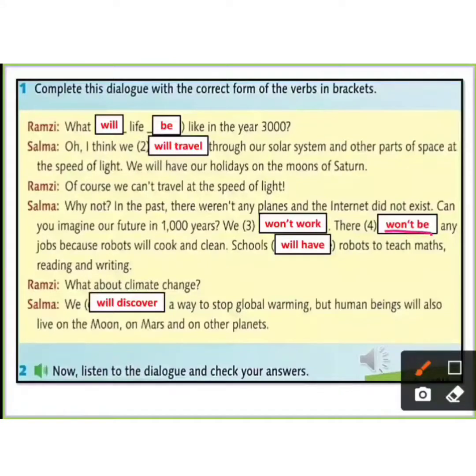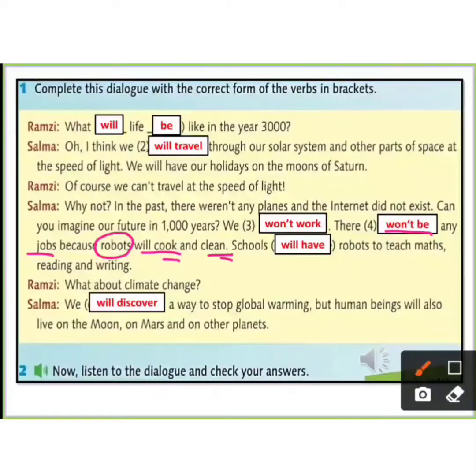There won't be any jobs. Why? Because robots will cook and clean. So robots will do everything. Okay, they will do everything. So we won't work. And there will not be any jobs. Robots will do everything. They will cook, they will clean.